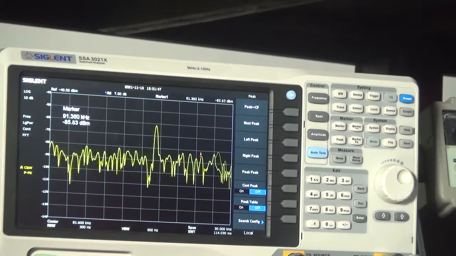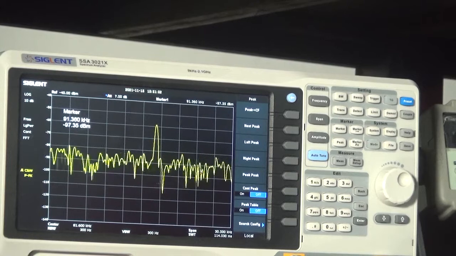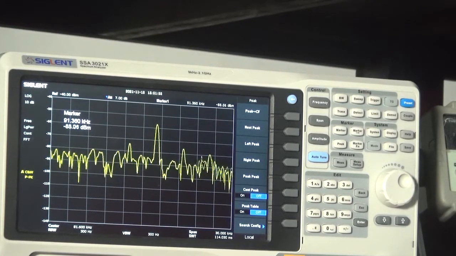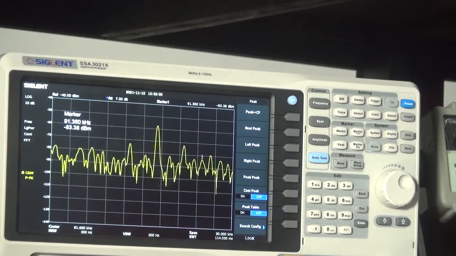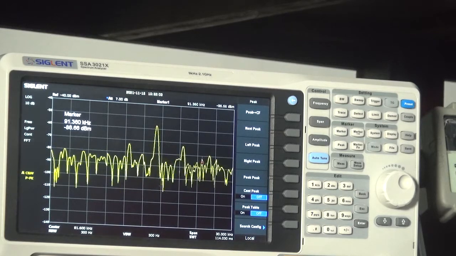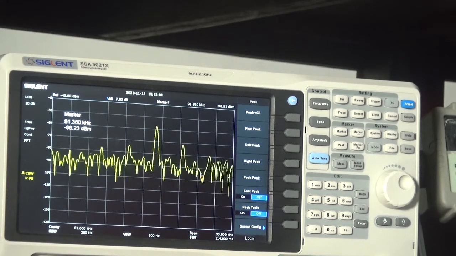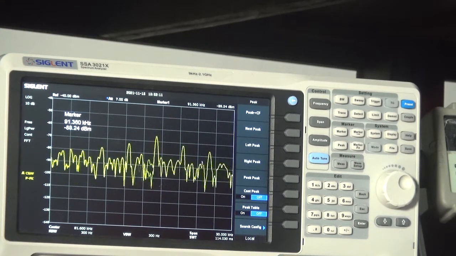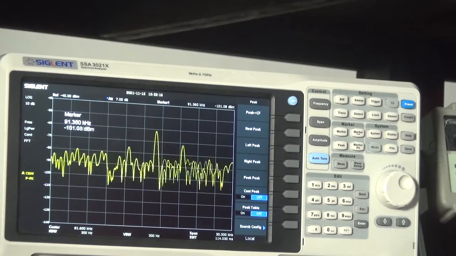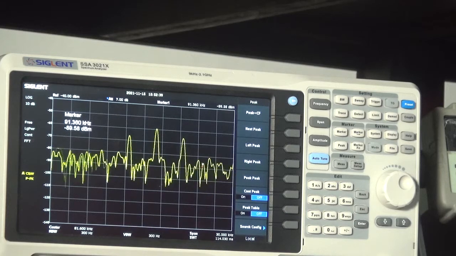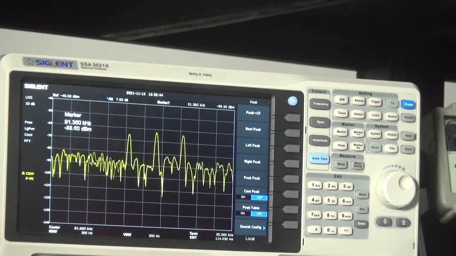You can see one peak. So I hope this is our spectrum.